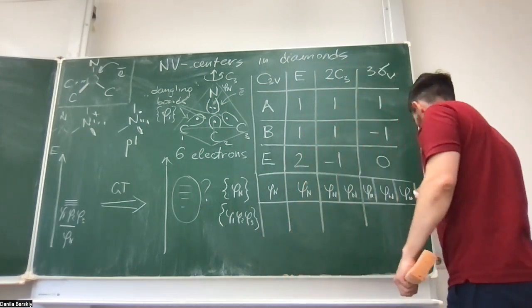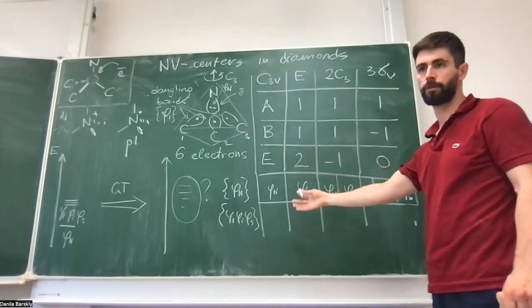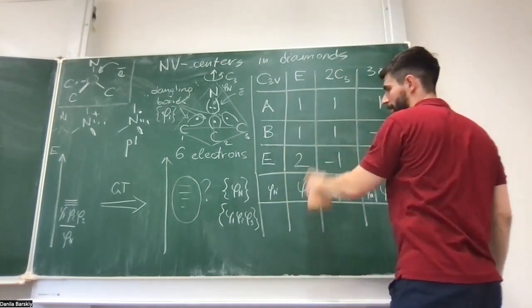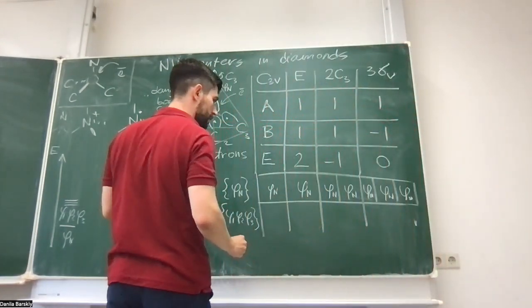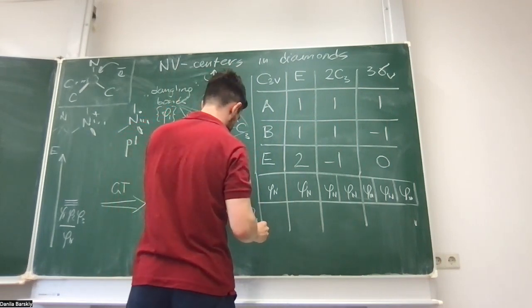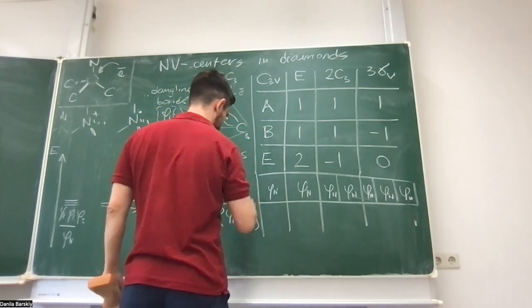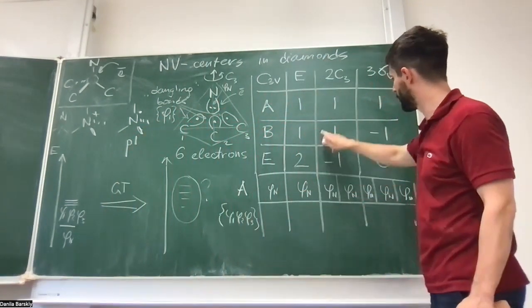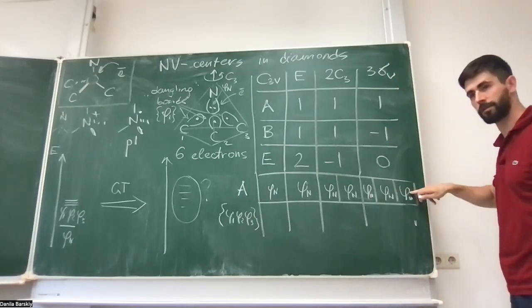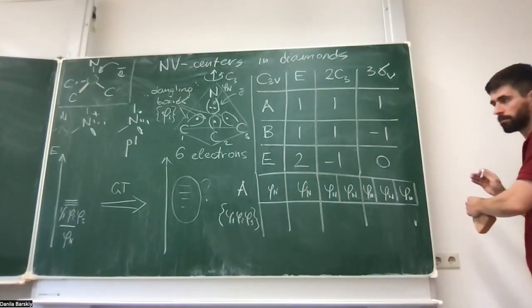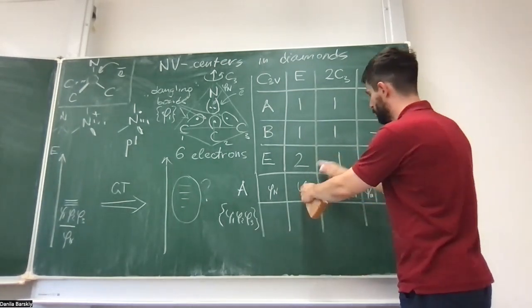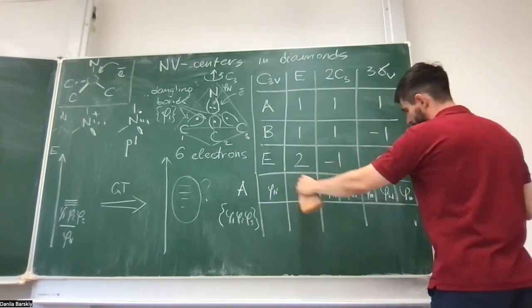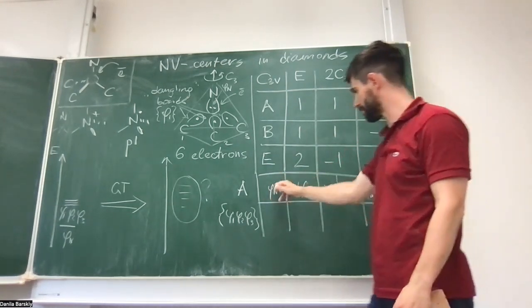So what's clear is that it transforms under the A reduced representation. If we were to check whether it transforms under B, you have -1 for this, and when you sum them up, it will be 0. The same here, it goes with 2, -1, -1, 0. So only with A does the sum give something non-zero, and we normalize it.